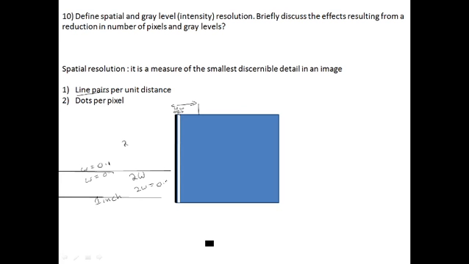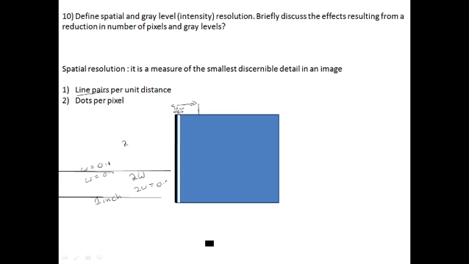What is the value of 1 by 0.2? 5. So it indicates that there will be 5 pairs of lines in this space. So this is the way of measuring the spatial resolution: how many lines will cover this 1 inch.